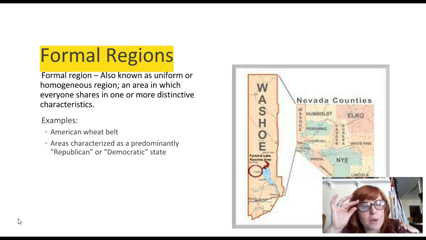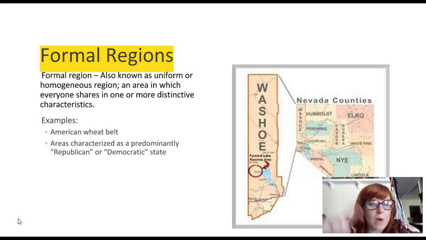Okay, so the first one is formal regions. Sometimes you will see these called uniform regions, so I would just know that formal and uniform are the same thing, or sometimes they're called a homogeneous region, which I know is a vocab word for you in Miss Gill's class, so you should know what that means. So we're looking for something that's the same, okay?